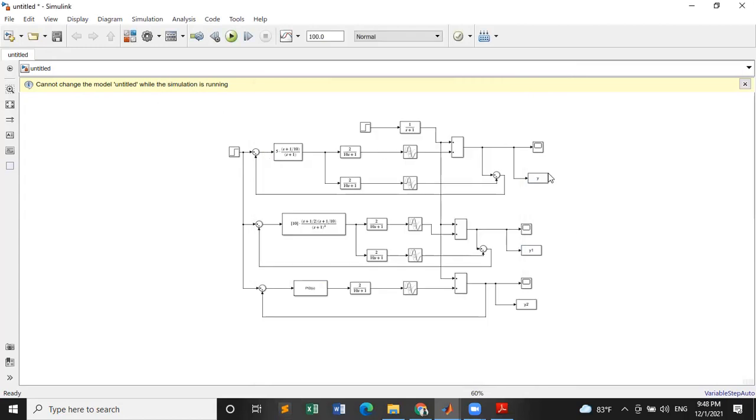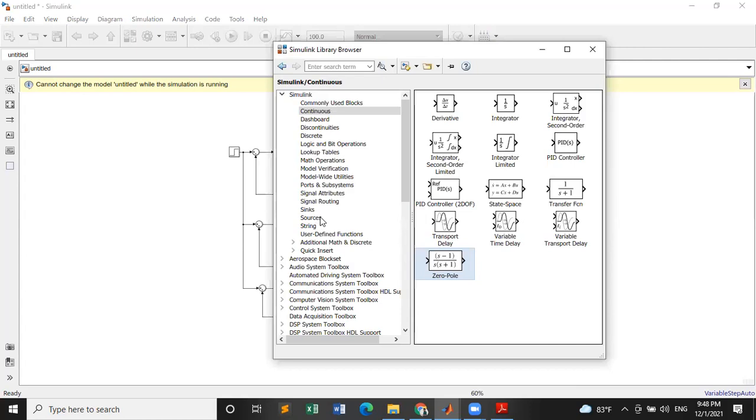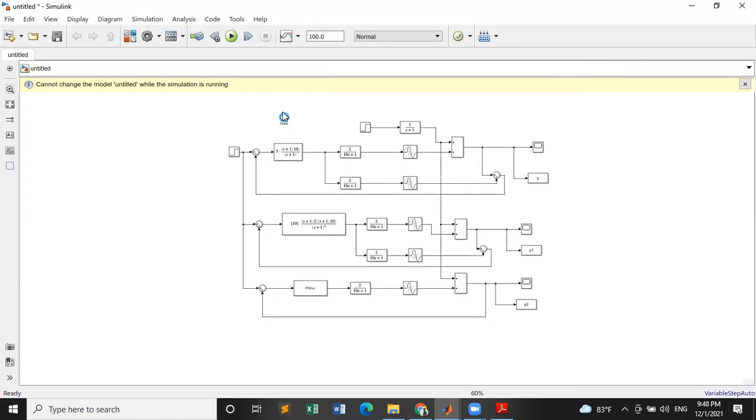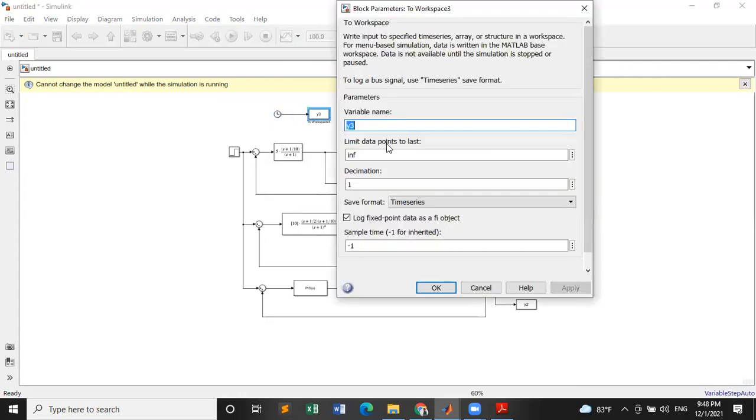We are going to plot these with respect to time. So we need the clock. We'll get a source here and give this as T out or something, T.